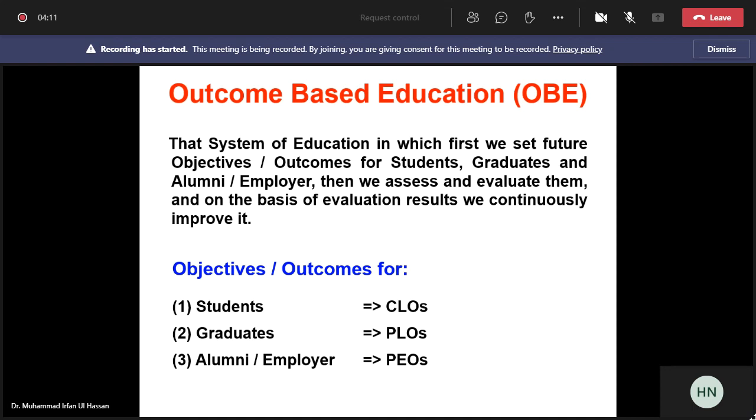So overall, the program objectives are fewer; there are 12 PLOs, and for every subject there are CLOs. A lot of documentation has been added in this system, and when you are graduating, you are not only getting the detailed mark certificate, but in addition, you are also getting the PLO attainment form.